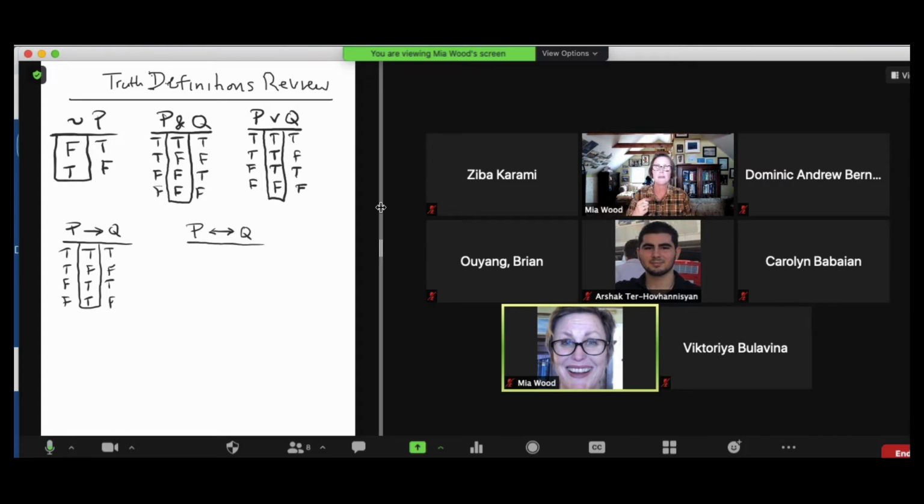And then if you have any residual questions about why it is, for example, that on row 4, both the antecedent and the consequent are false, and yet the conditional itself is true. What are we thinking? How are we doing?